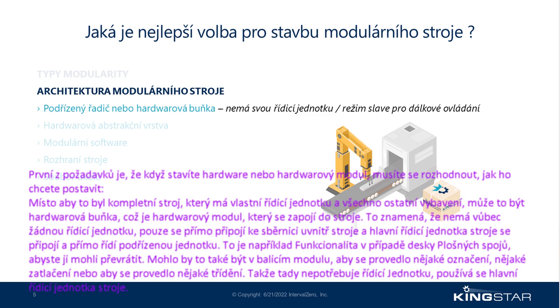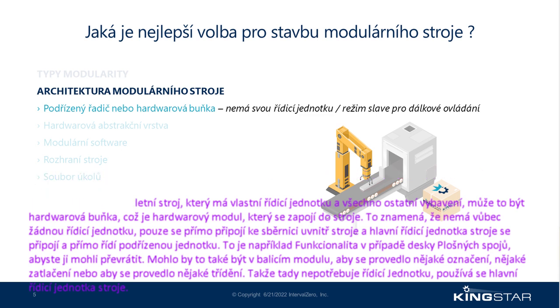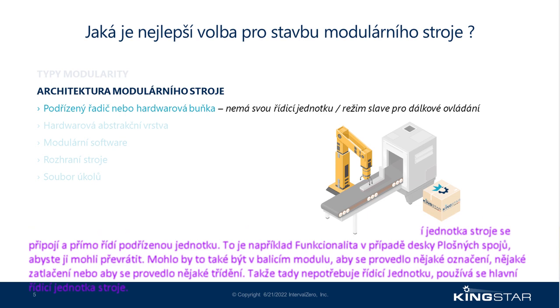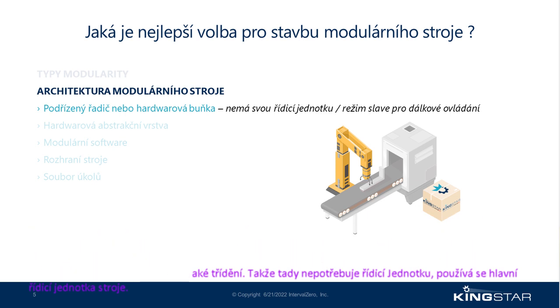It only directly connects to a field bus inside the machine, and the main controller of the machine will connect and control it directly. So this is, for example, in PCB, to flip a board. In packaging, it could be a module to do some labeling, some pushing, some sorting. So this doesn't need a controller, it uses the main controller of the machine.